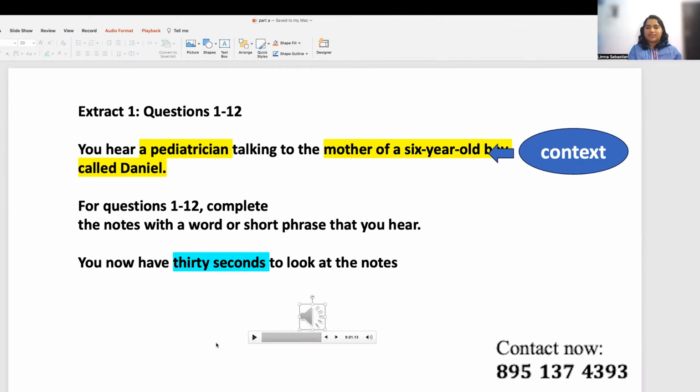So this is the context. Here the health professional is a pediatrician, and the patient is a 6-year-old boy named Daniel, but he is talking to the relative of the patient, the mother of that boy. While hearing that, in a fraction of a second, you should think, okay, it's a pediatrician and it's a mother.